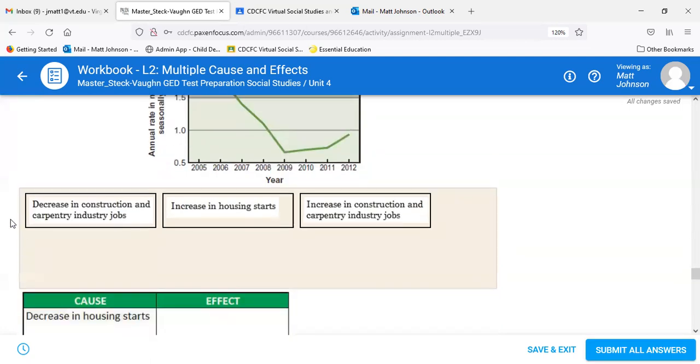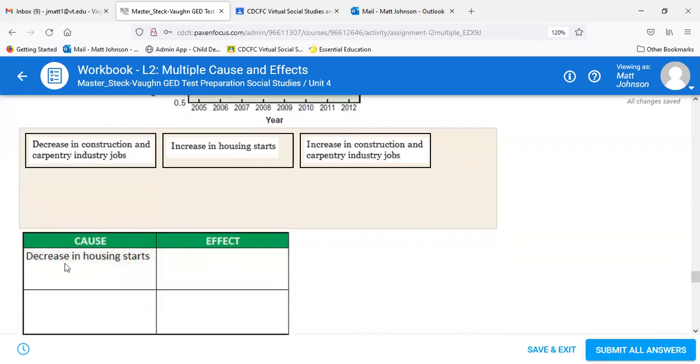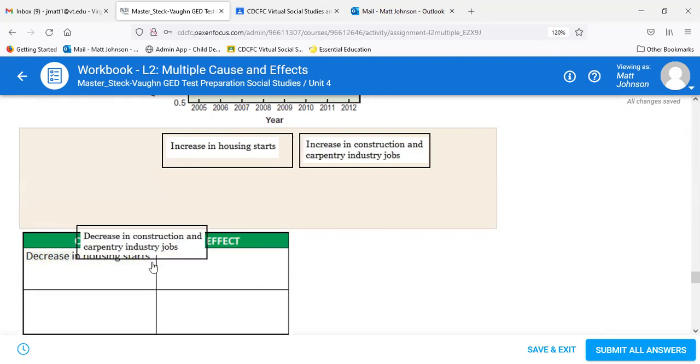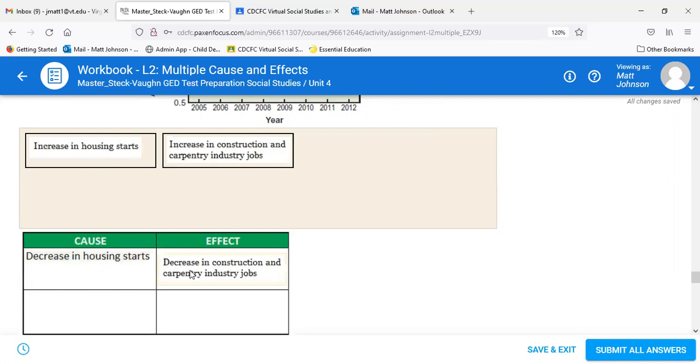So looking at our drag and drop box, our first cause is already in here, right? Decrease in housing starts. So what's going to be the effect of a decrease in housing starts? Decrease in construction and carpentry industry jobs. There you go, right? So you're going to have layoffs.